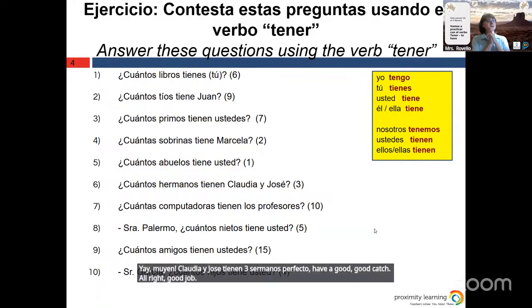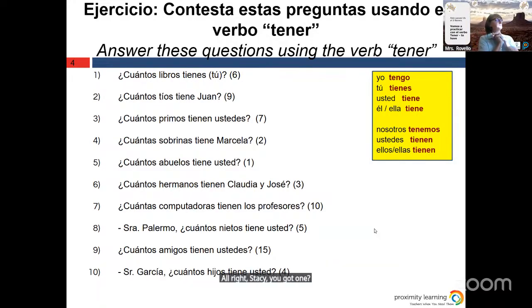All right. Stacy, you got one? Catalina, Priscilla, Nikki, James, Arshis. What number is that? 5? Okay. Good, Priscilla. So if we only have one, remember that it doesn't need to be plural.